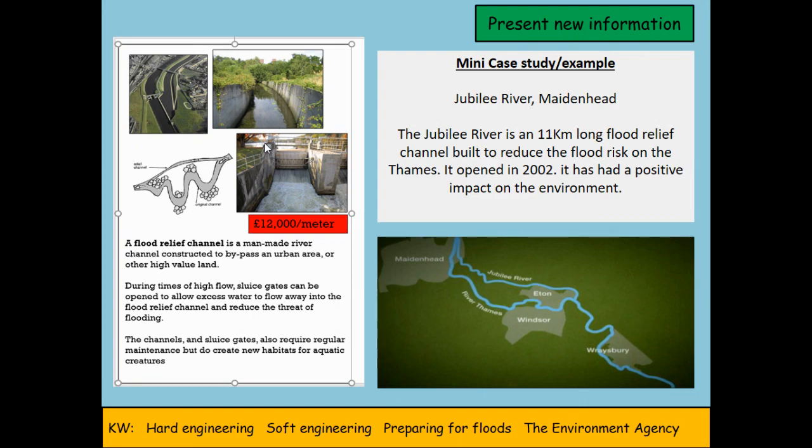So that Jubilee River, according to me, please do tell me if I'm wrong with this. That 11 kilometres at 12,000 a metre, times that by 11,000 is 132 million pounds. 132 million pounds to build that.